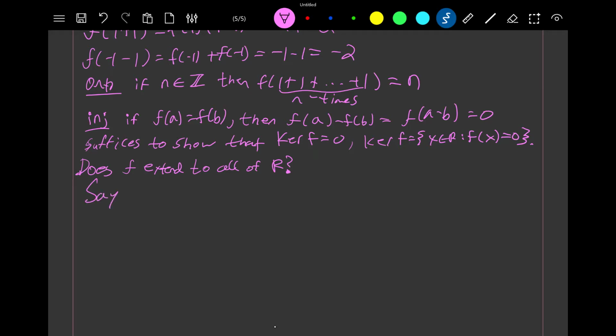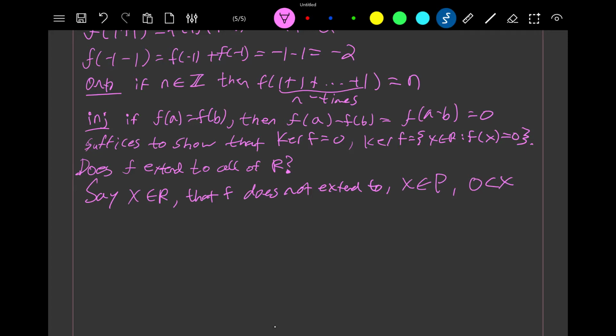So say that we have some elements x in R that f does not extend to. And let's just say x is positive, so x is greater than 0.